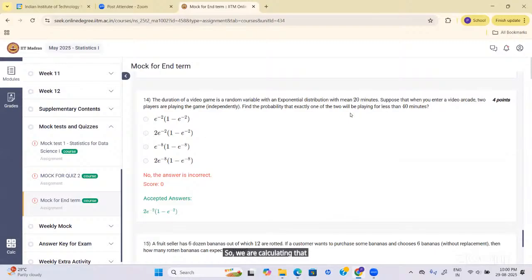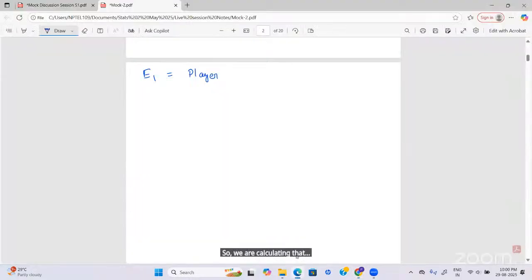So if I consider an event E1, this is representing that the player is playing for less than 40 minutes.